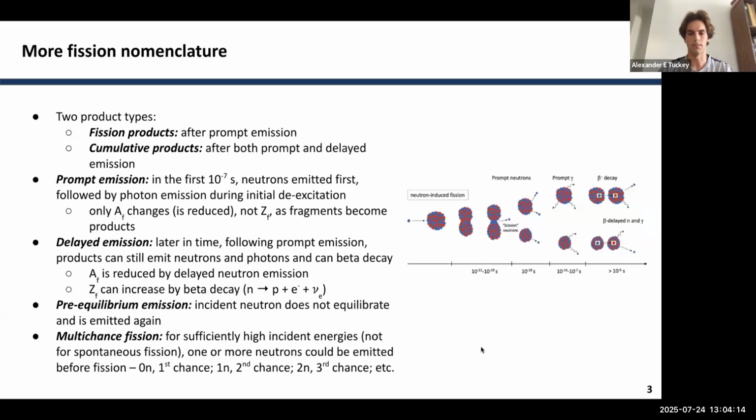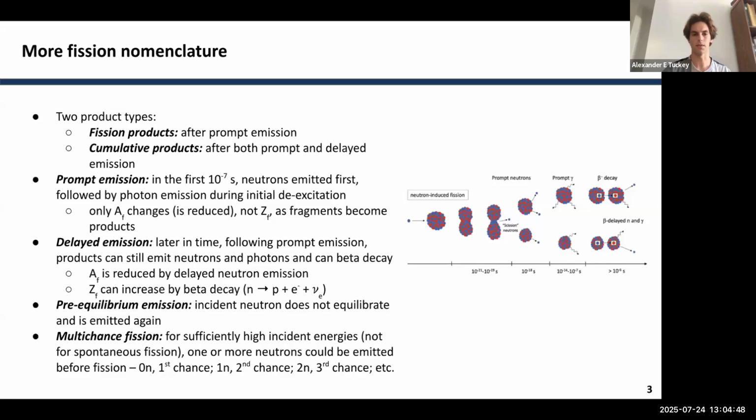So these two fission fragments in binary fission are highly excited, and they de-excite in two stages, the first being prompt emission and then delayed emission following that. So we refer to the fission products as the result of the fragments after prompt emission. And then after both prompt and delayed emission, we call those cumulative products.